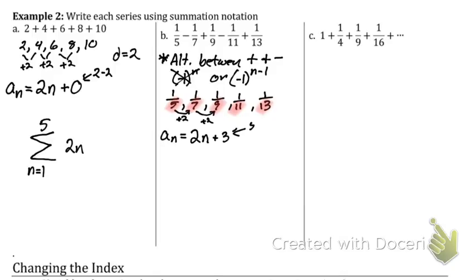Once again, my 5 minus 2 gives me my 3. That is what I want in the denominator. My numerator needs to stay a 1. So my completed statement is going to be negative 1 to the n minus 1 times 1 over 2n plus 3.